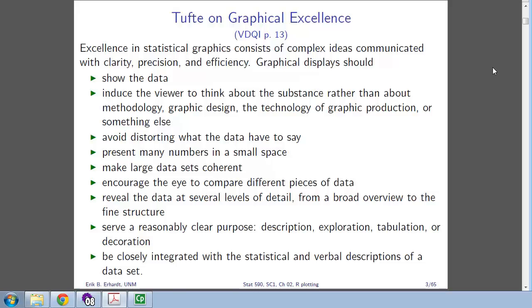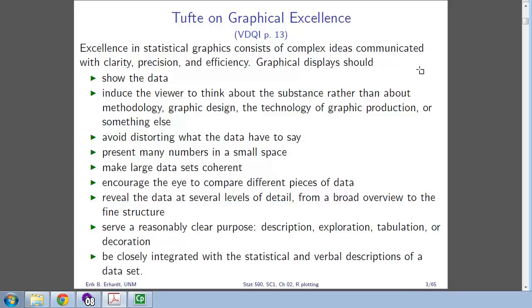So Tufte has had a lot to say on graphical excellence in his The Visual Display of Quantitative Information. My apologies, I had to look back on my bookshelf. He suggests that excellence in statistical graphics consists of complex ideas communicated with clarity, precision, and efficiency.